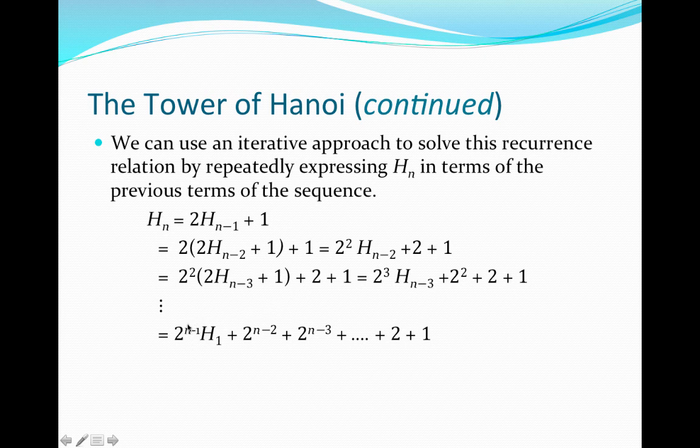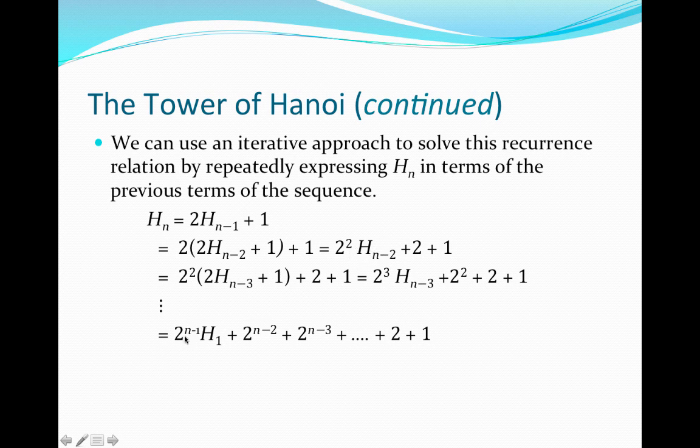So the exponent here is n minus 1, n minus the index of the sequence we're looking at. And you can compare this exponent here with this index to notice that it follows the same pattern, right? So 2 is equal to n minus (n minus 2). So this exponent can be written as n minus the index.